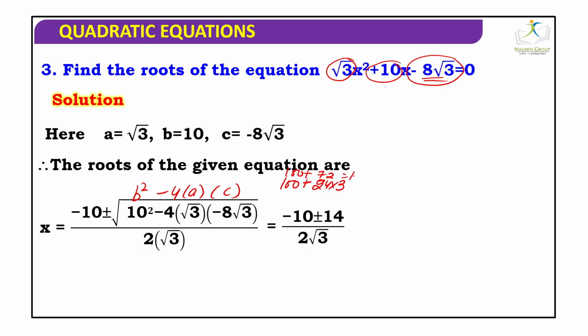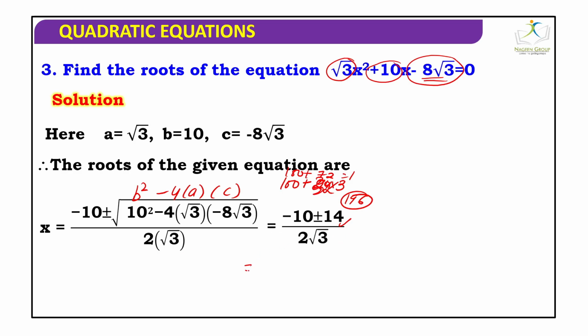It's 10 square, 100, and 8 times 4 is 32, right? And then 3 times 6 and then 9, it's 196, and root of 196 is 14, so it is equal to 2 root 3.